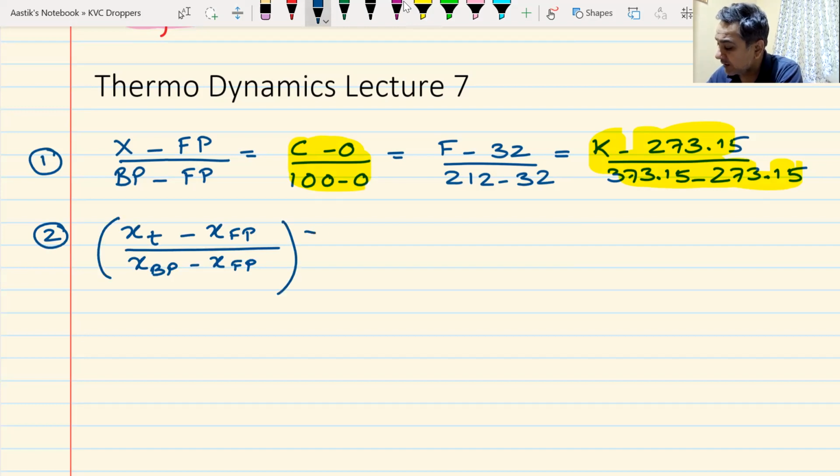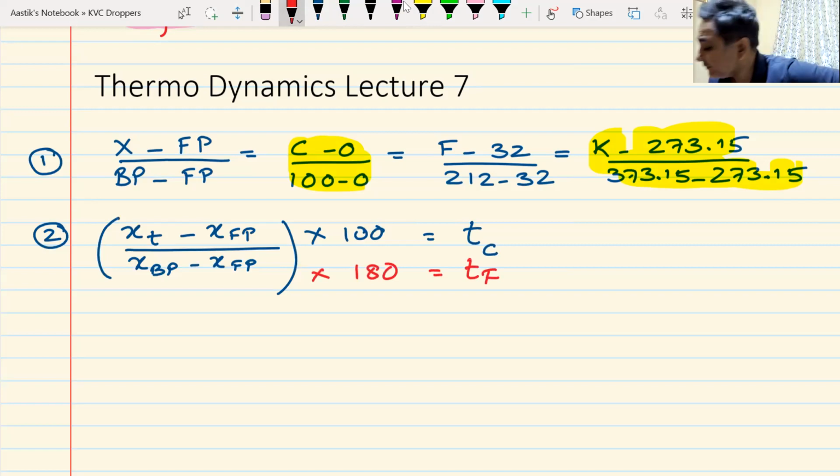It can be the length, the volume, the pressure, or the resistance. If I multiply it by 100, that gives me the temperature in degrees Celsius. If I multiply it by 180, it gives me the temperature in Fahrenheit. Do we remember this?